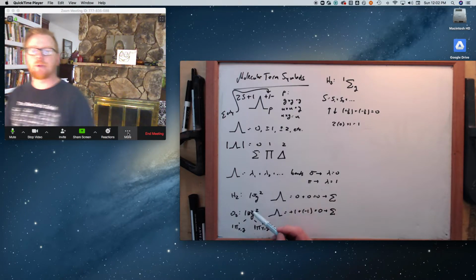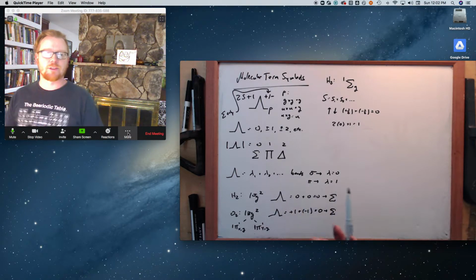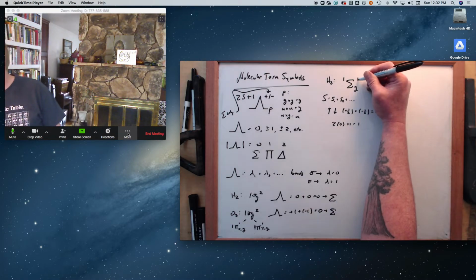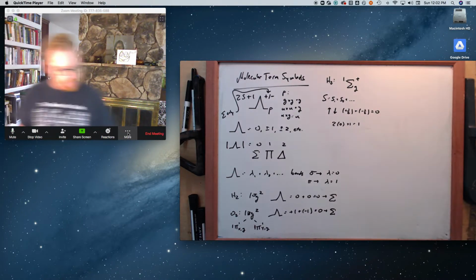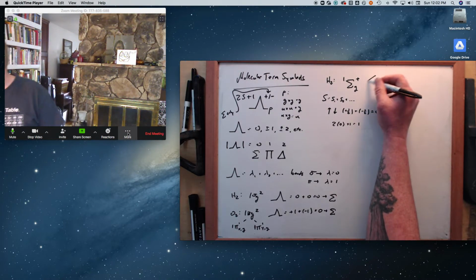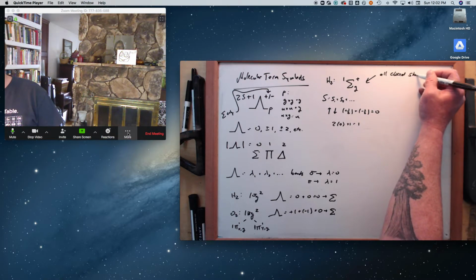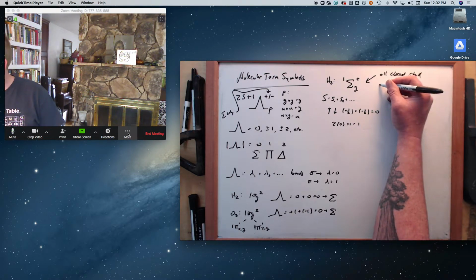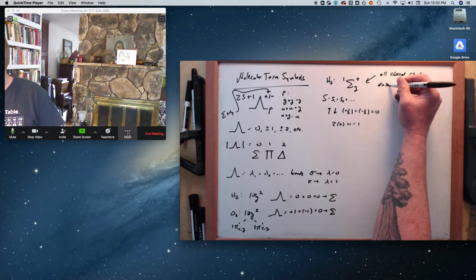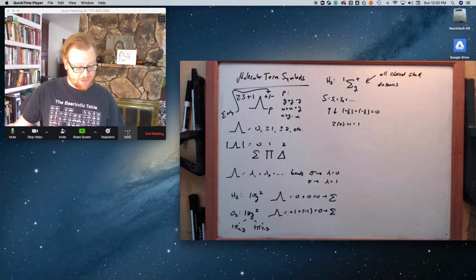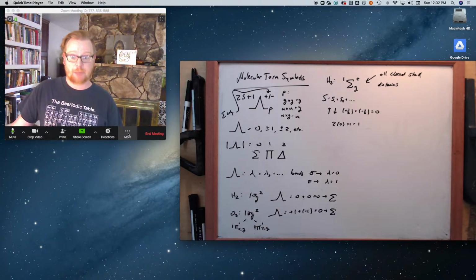For O2, because this is all symmetrical, it's all sigma bonds, right? There's no pi bonds or pi electrons. Then we automatically put a plus right there. And as it turns out, all closed shell homonuclear diatomics have the 1 sigma G plus state, okay?